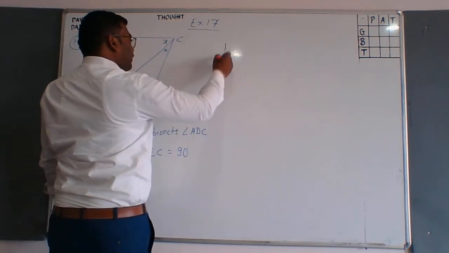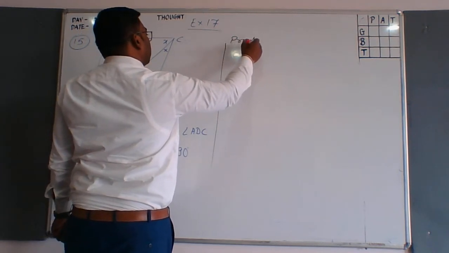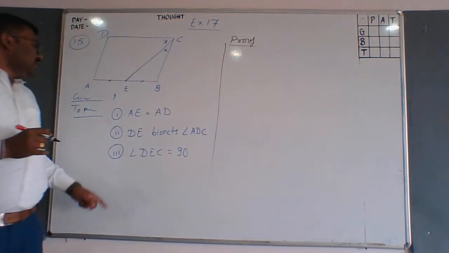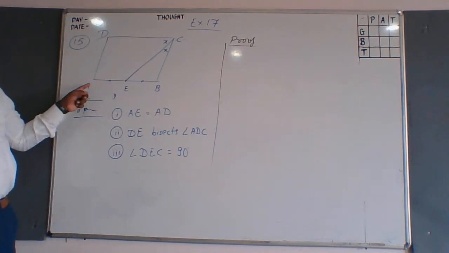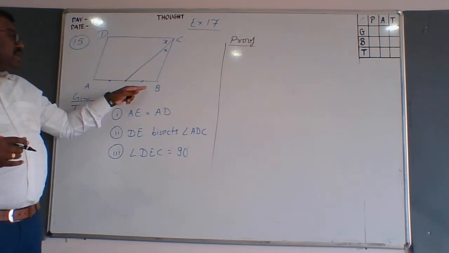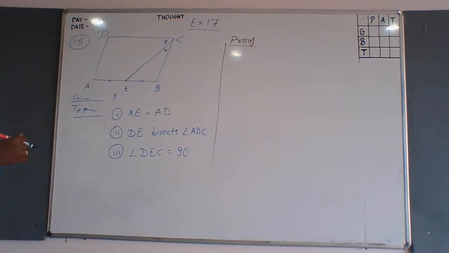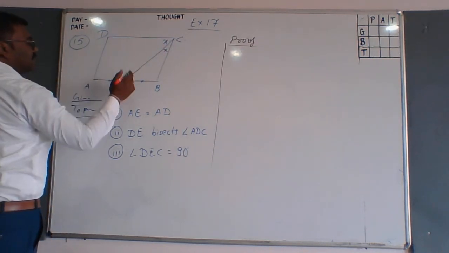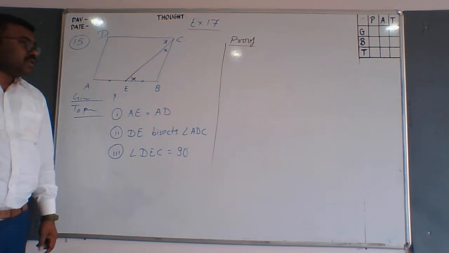So let us start the first thing, proof. We want to show that AE equals AD. So for that, come to this triangle EBC. Okay. If this is angle x, can we say this is x? Right?